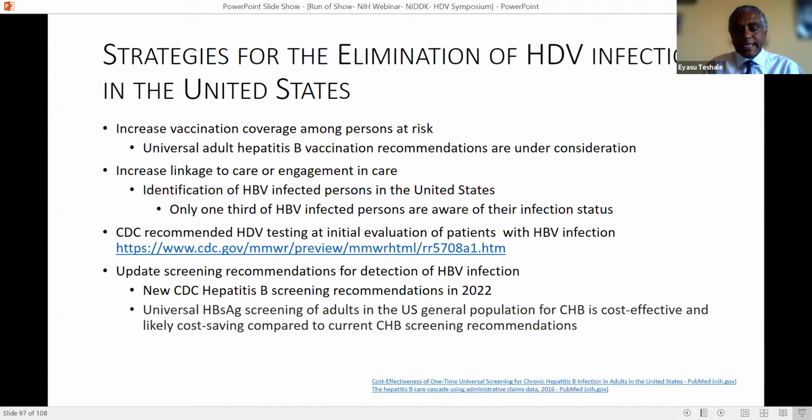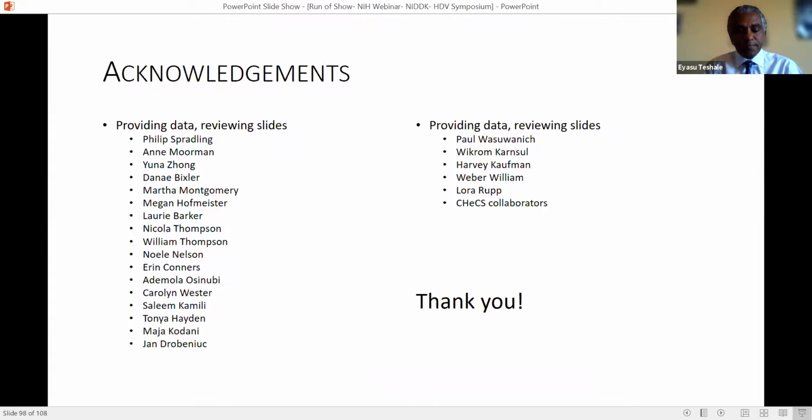A recent study by CDC showed that universal hepatitis B surface antigen screening of US adults is cost-effective and likely cost-saving compared to current chronic hepatitis B screening recommendations. These screening recommendations may become available in 2022. Next slide, please. I'd like to acknowledge all who provided information for this presentation, and thank you all.